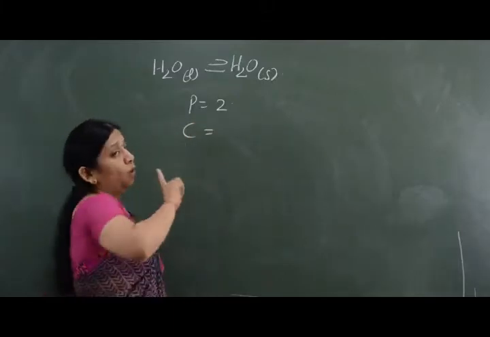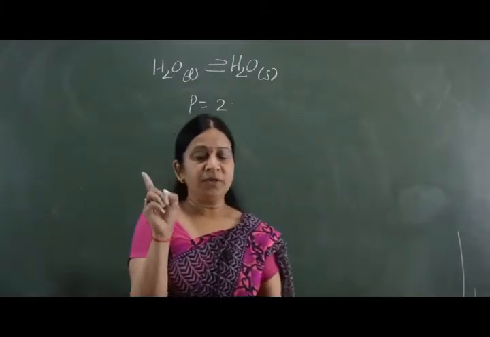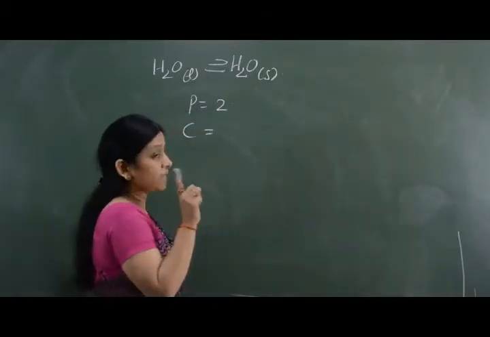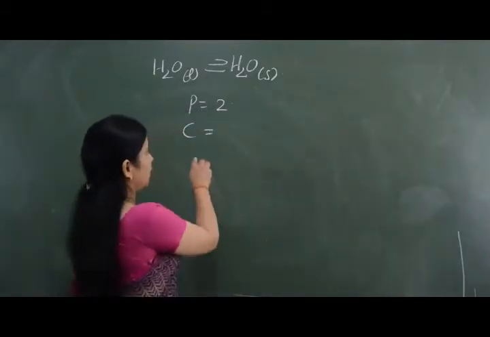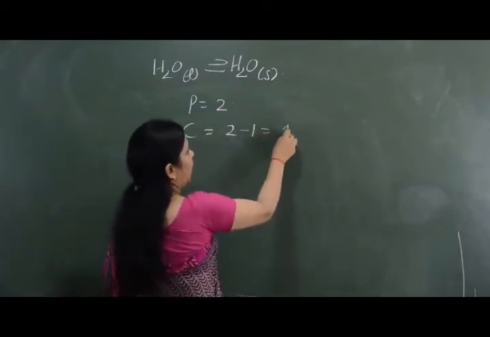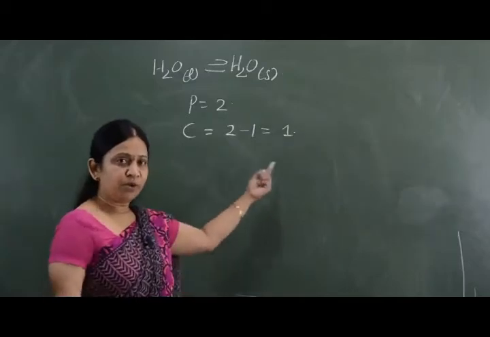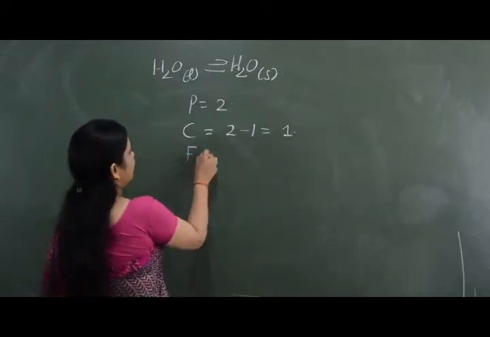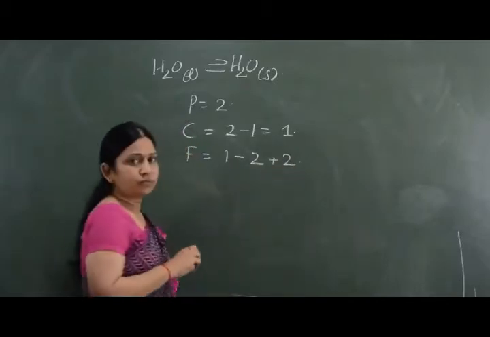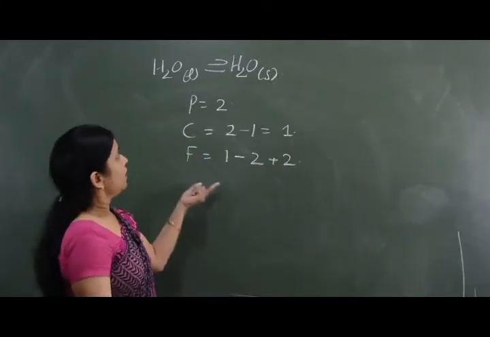Components: water in liquid state and water in solid state are taken as separate substances. So to calculate component, we have 2 substances and they are related by 1 equation. So the number of components is 1. So the degree of freedom is 1 minus 2 plus 2. So we get the degree of freedom like this.